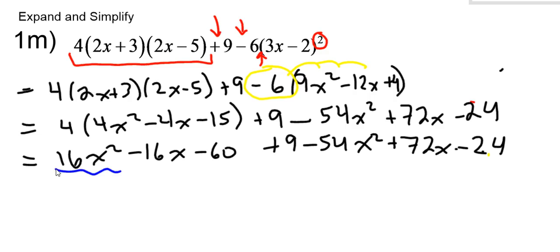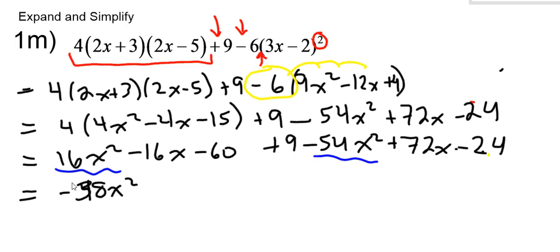16x squared and negative 54x squared. So 16x squared minus 54x squared would be negative. I should have got a calculator. That's all right. I can do math in my head. 16 minus 56 would be negative 40. Nope, 38 x squared.